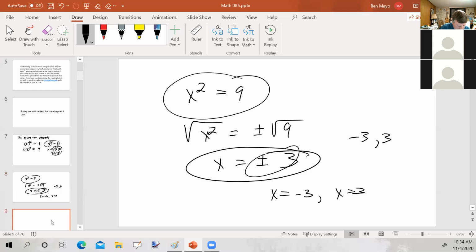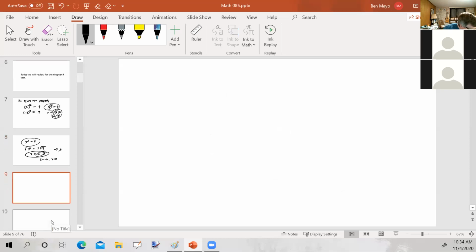All right. Let's see here. Here we have an equation, w squared minus 47 equals 0. So the first thing we're going to do is isolate the square.